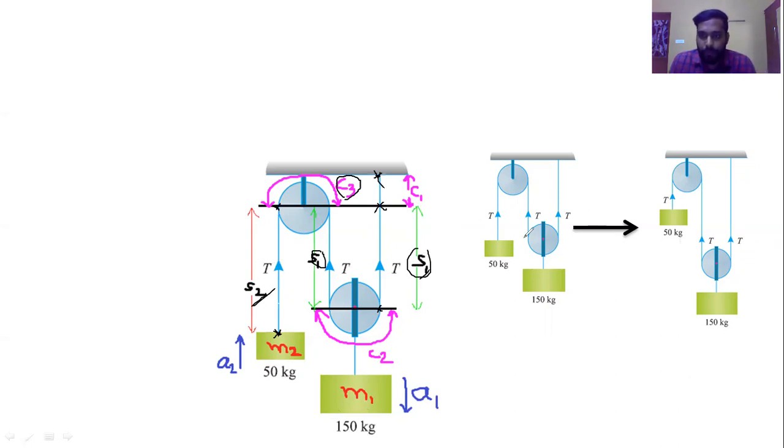Here in the first figure, the 50 kilogram is at this distance and the 150 is at this distance. We know that the 150 kilogram is coming downwards and the 50 kilogram is going upwards. So after some time, the 50 kilogram has gone upwards some distance and the 150 kilogram has come downwards some distance.